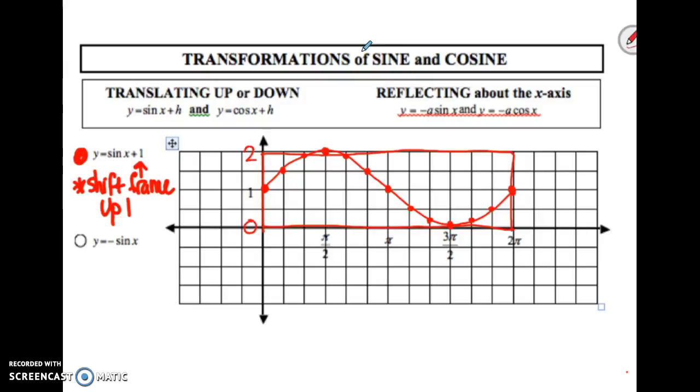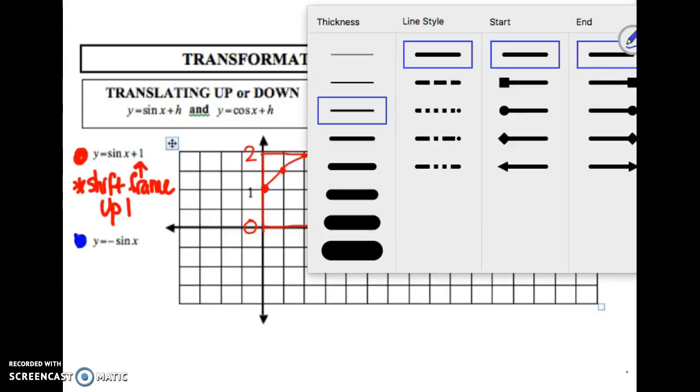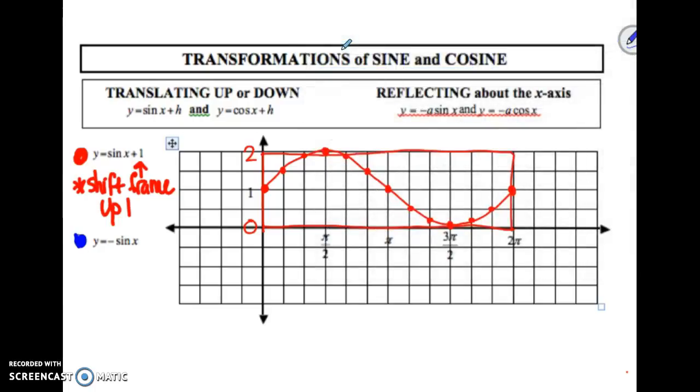Okay, now my second graph, I'm going to do in blue. That graph is y equals negative sine of x. So that negative right there in front of the function is a reflection over the x-axis.